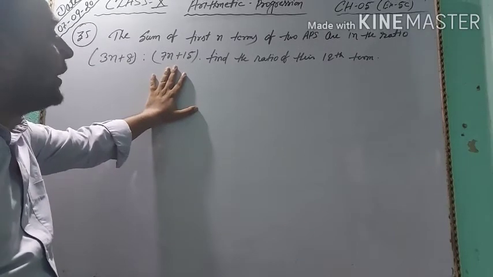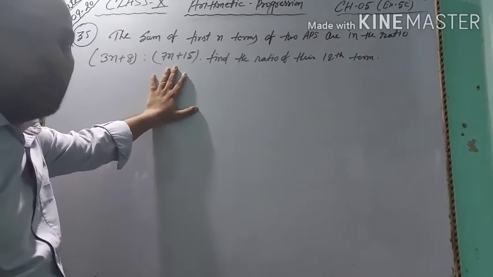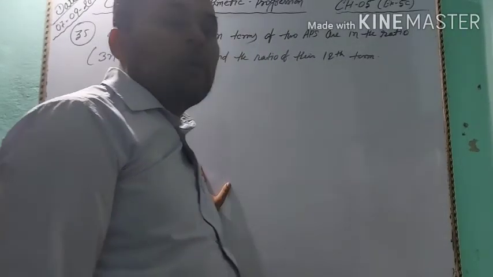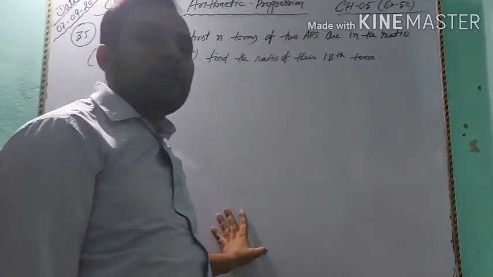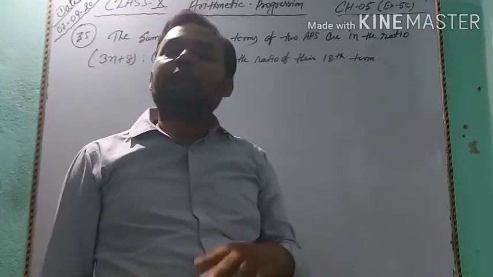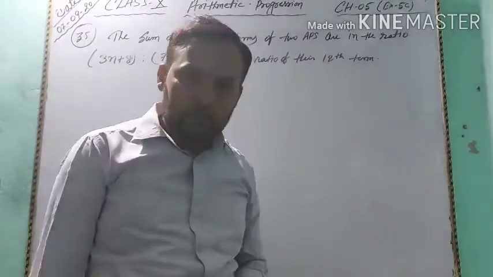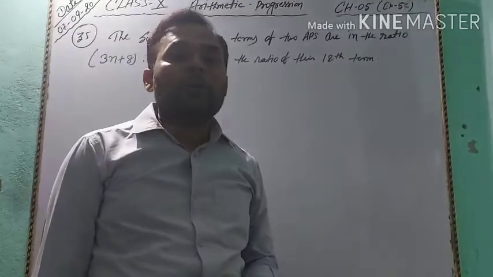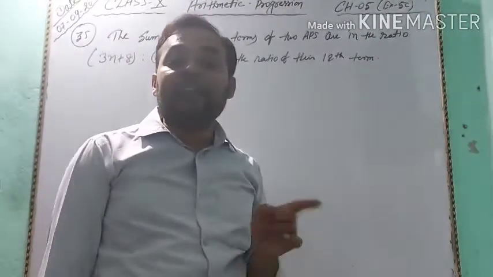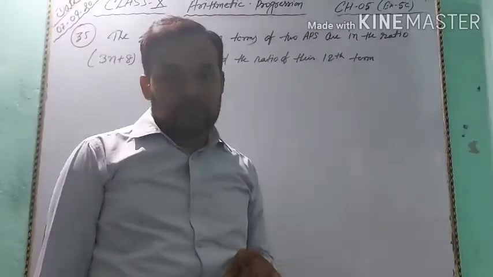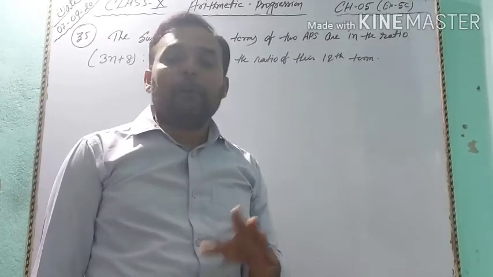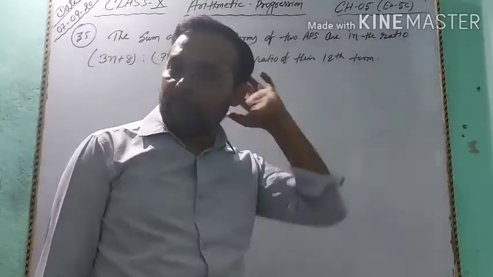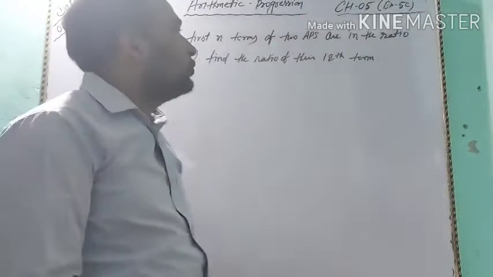Students, let A1, D1 and Sn be the first term, common difference and sum of n terms of the first AP, and A2, D2 and S dash n be the first term, common difference and sum of n terms of the second AP.